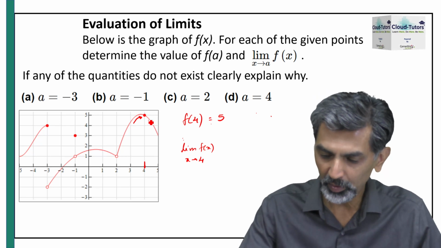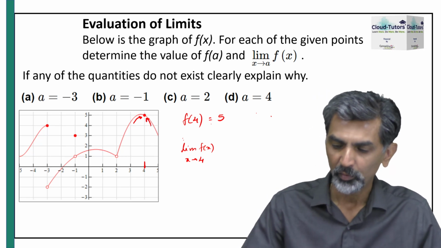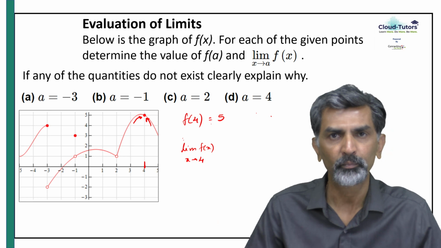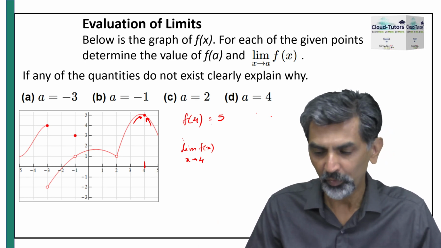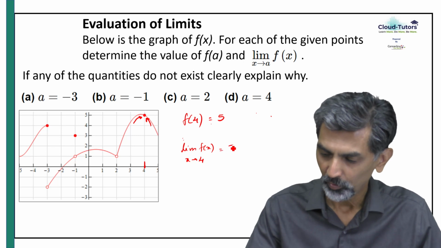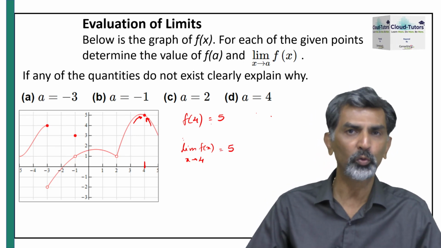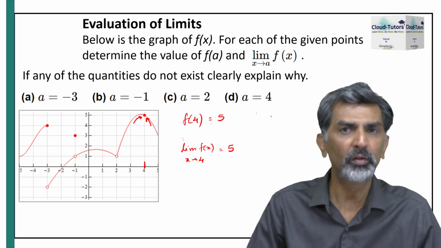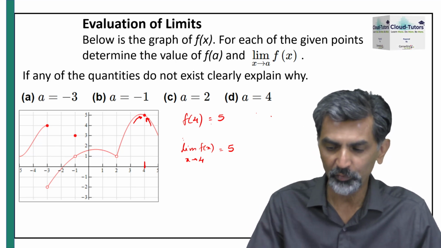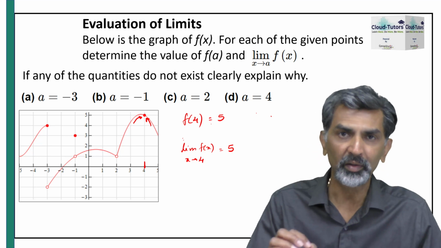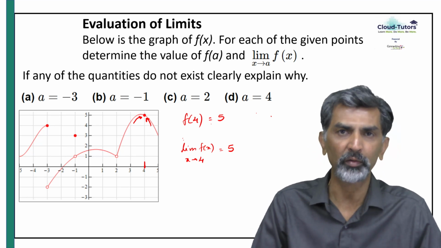And similarly, when x approaches 4 from the right hand side, the value of the function approaches 5 again. So whether you approach x equal to 4 from the left hand side or the right hand side, the value of the function approaches 5. So the limit exists and is equal to 5.